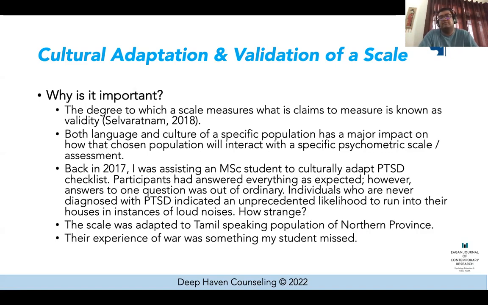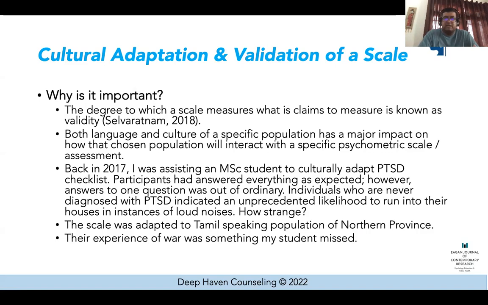I can give one other example as well. Back in 2017, one of my MSc students told me that he wanted to culturally adapt and validate the PTSD checklist to the Tamil language. So he went to Jaffna in Sri Lanka. Jaffna is a war-torn area. Right now it is developing, but there was a war for about 25 years.